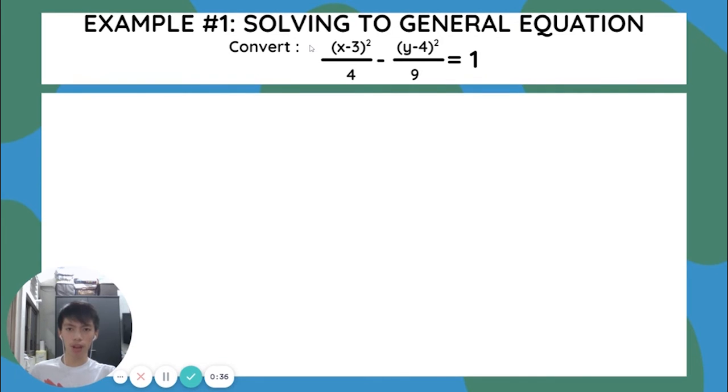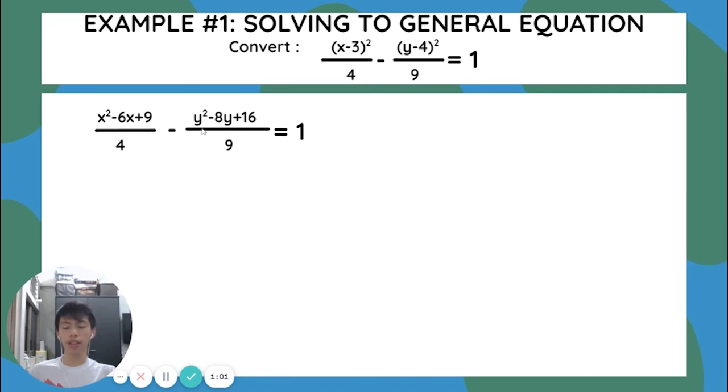For our example 1, converting a hyperbola to the general equation, our given is (x minus 3) squared over 4 minus (y minus 4) squared over 9 equals 1. So first we will expand these two, which will be (x squared minus 6x plus 9) over 4 minus (y squared minus 8y plus 16) over 9 equals 1.